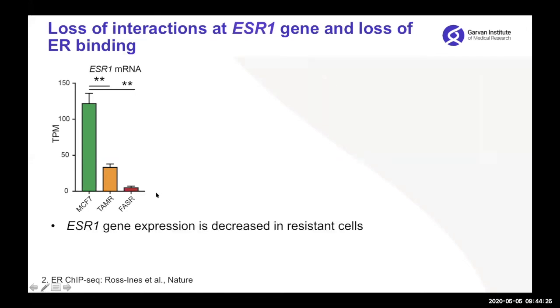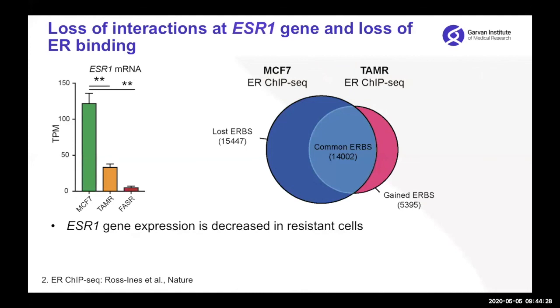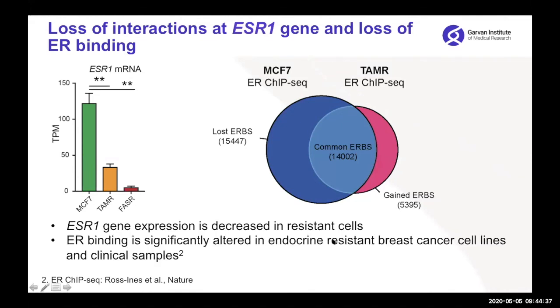And we know that estrogen receptor binding is significantly remodeled in resistant cells, as well as in clinical samples. When we compared the actual HiChIP-seq data between the MCF7 and TAMAR, we saw that there's a huge loss of ER binding, as well as some gain of ER binding.